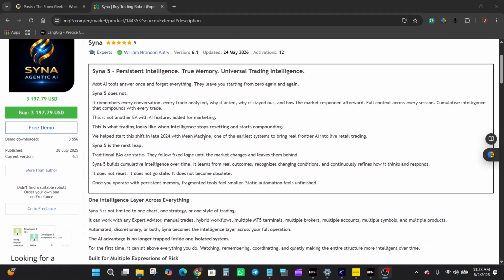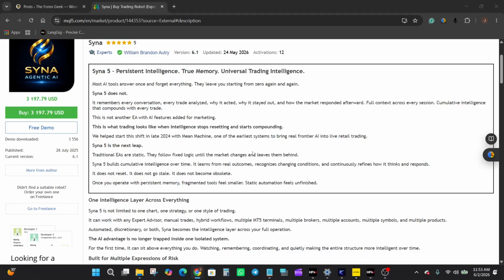One of the key points highlighted is that Syna is designed to remember past trades, decisions, and market behavior, and then use that information to refine how it reacts in future situations. The idea here is that instead of static logic, the system is meant to continuously adapt over time.